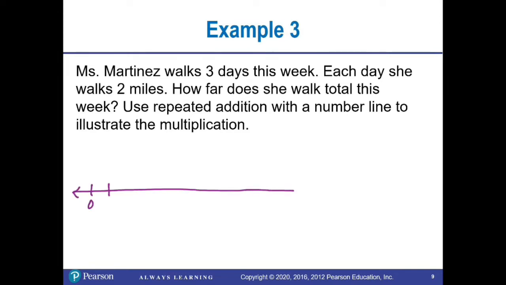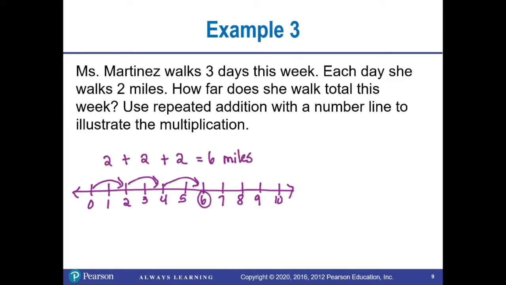Typically for a number line, I'll count to about 10 on my number line. Because Mrs. Martinez walks 2 miles, I'm going to take jumps of 2. And notice that she walks 3 days, so I took 3 jumps of 2, or I drew 3 arrows of length 2, and we land on 6. So 2 plus 2 plus 2 is 6, or 6 miles, that Mrs. Martinez walks this week.